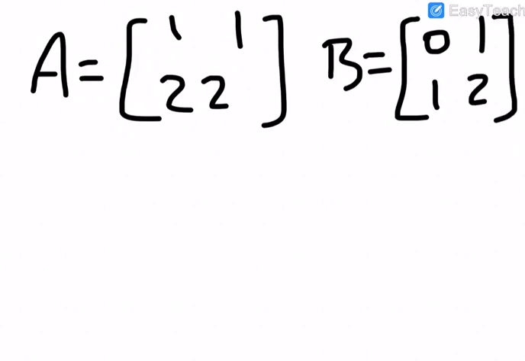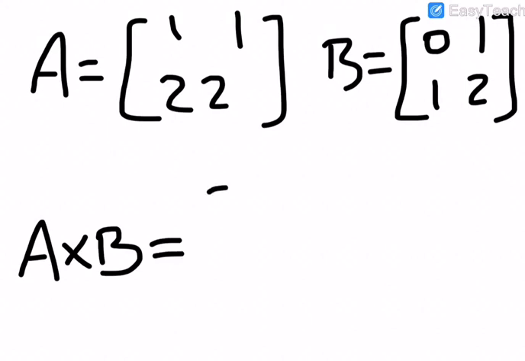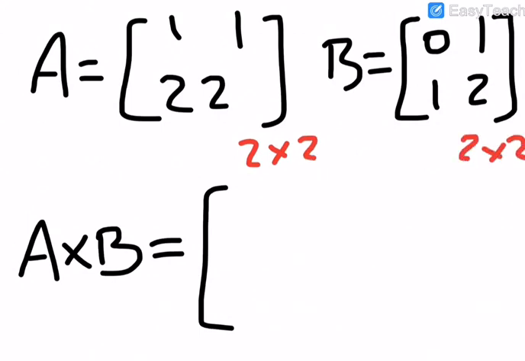Now, how do we calculate A times B? I know A is a 2 by 2 matrix, and B is also 2 by 2, so A times B is going to be 2 by 2, right?